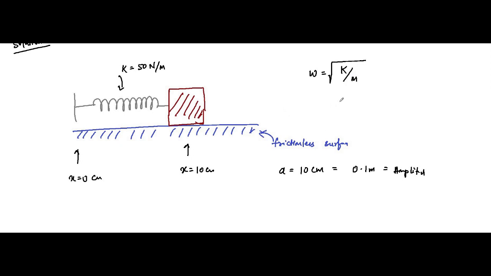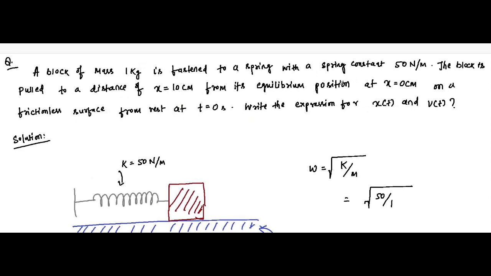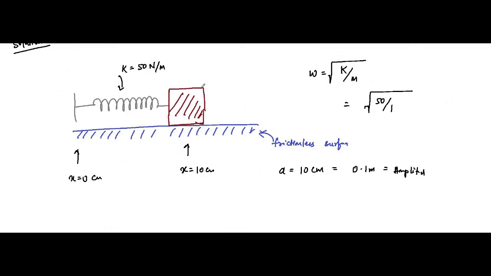So here the angular frequency will be equal to root over of 50 Newton per meter by 1 kg. Yes, it is a 1 kg mass, m is equal to 1 kg. So that is equal to root over 50, which is coming around 7.07 radians per second. That is equal to omega.